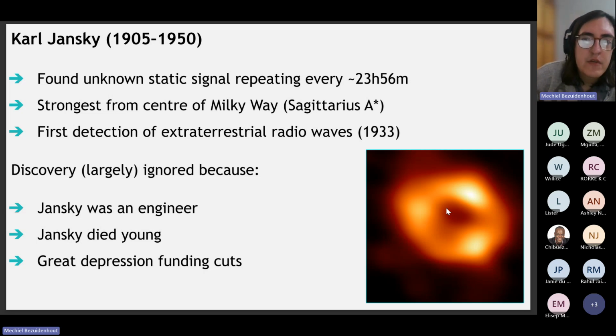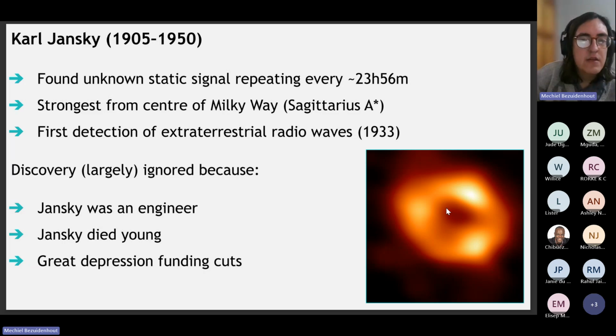And so once he'd observed for long enough to determine the precise period, he found that the period was exactly 23 hours and 56 minutes, which is exactly the length of a sidereal day, meaning that this unknown signal must be coming from some point in space.